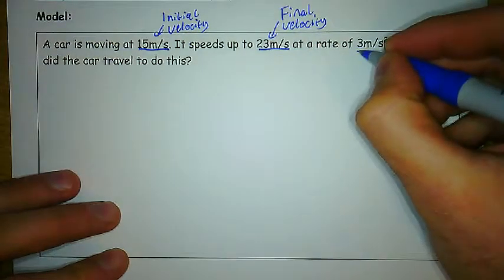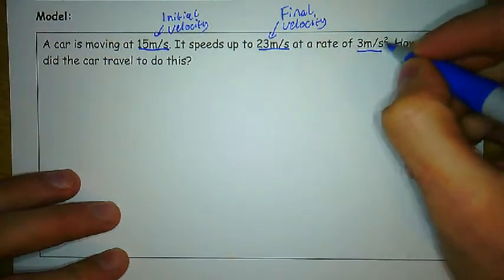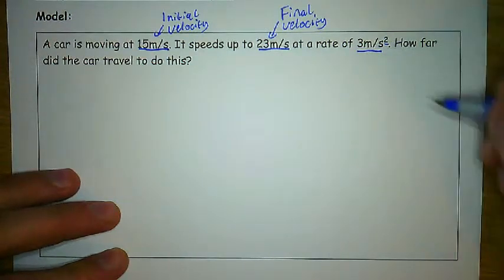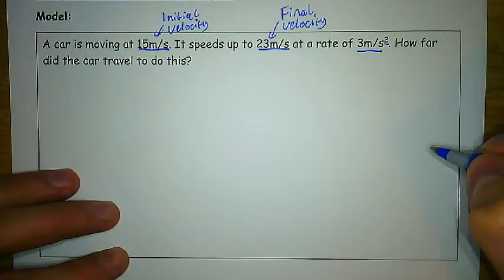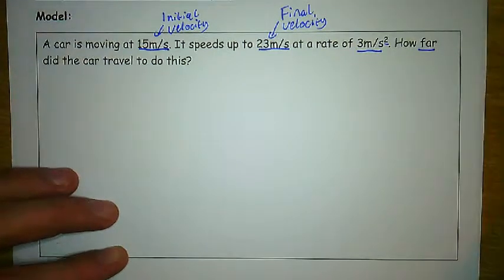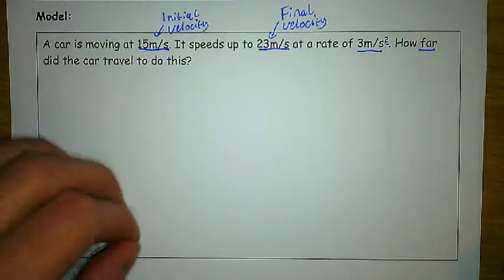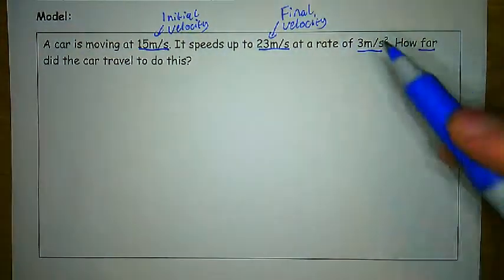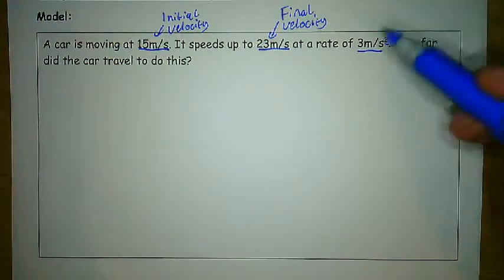Okay, we've also got it's increasing at a rate of 3 meters per second squared. That squared there is telling you it's your acceleration. And it wants to know how far did the car travel, so that's the distance it's wanting you to come up with. Right, so you've got four things. You've got initial velocity, final velocity, acceleration, and a distance.